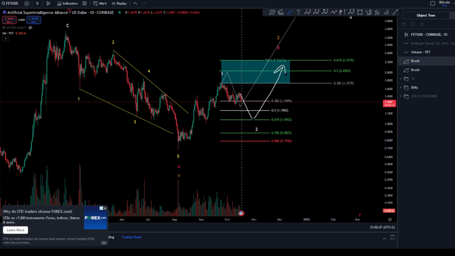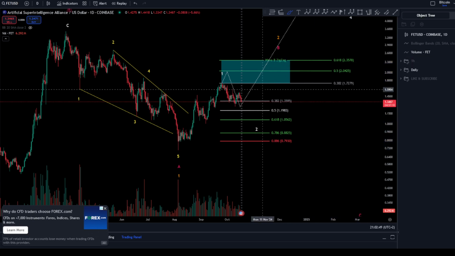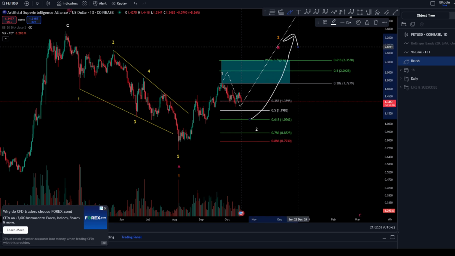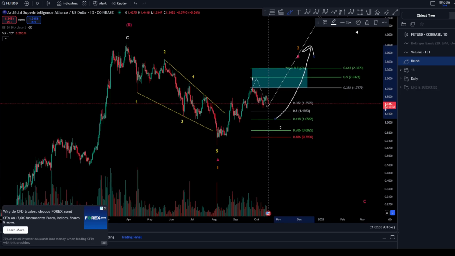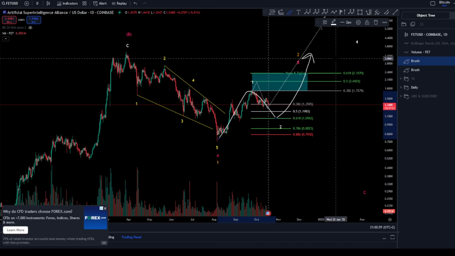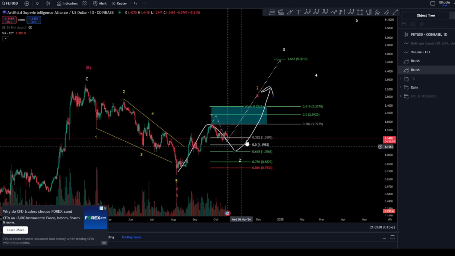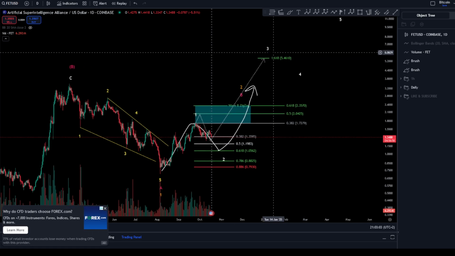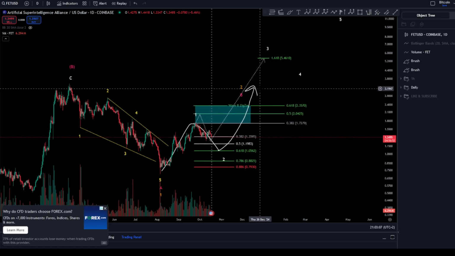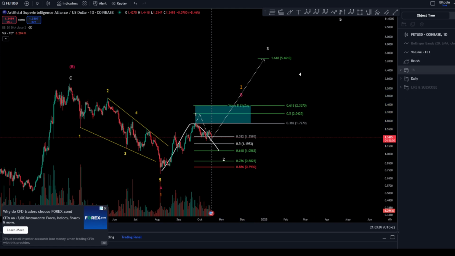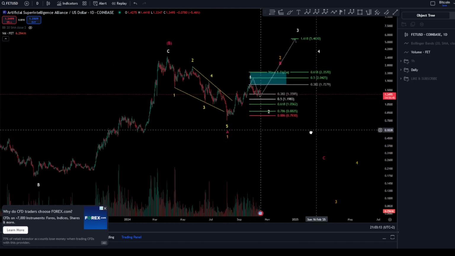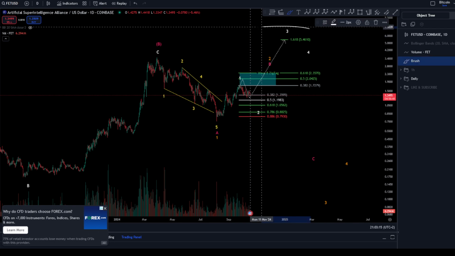If you are very bullish, then you are looking for an impulse here where you want to seek a wave 3 towards the upside after having a 1, a 2, and then touching the 1.618 at $5.46 for FET. So I hope that this was clear with the scenarios.